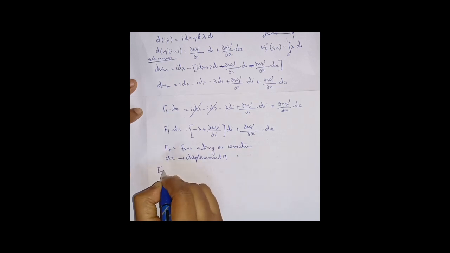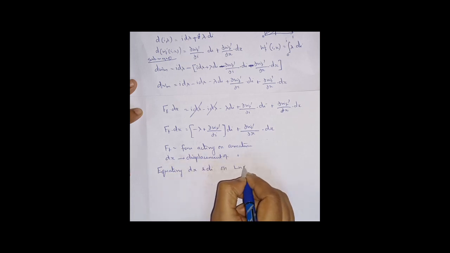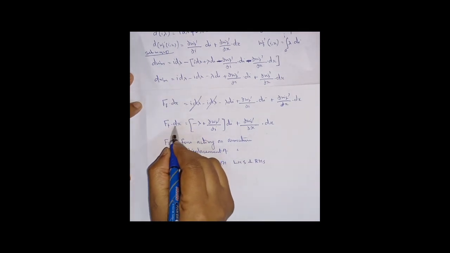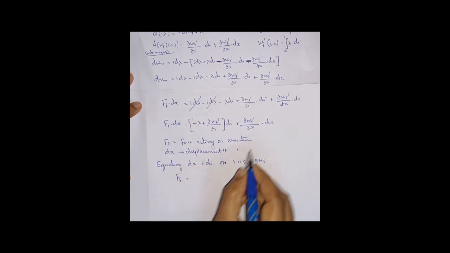So equating dx and di on LHS and RHS, we'll get, see here in LHS the coefficient of dx is Ff only. Okay, Ff is equal to ∂Wf'/∂x.